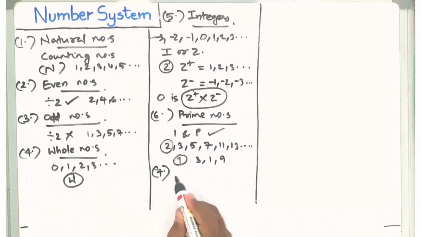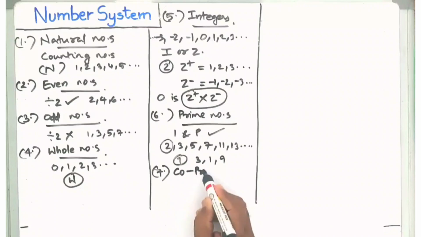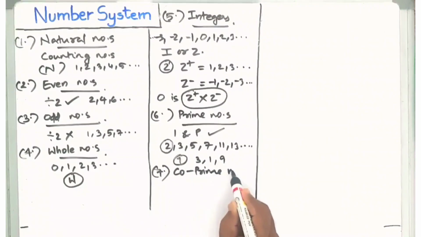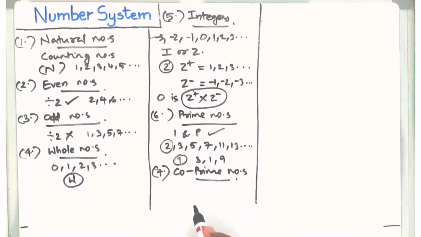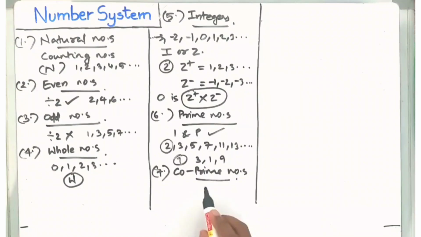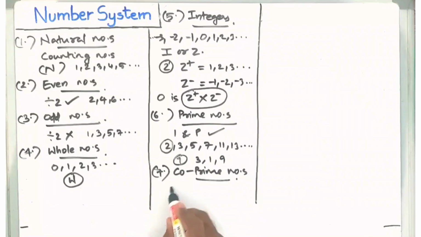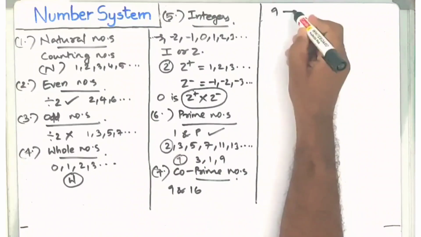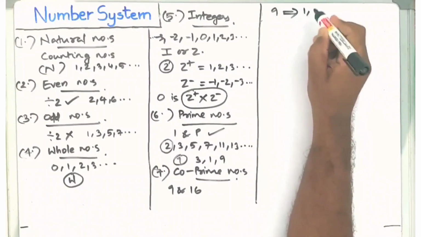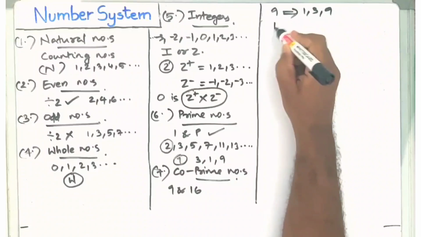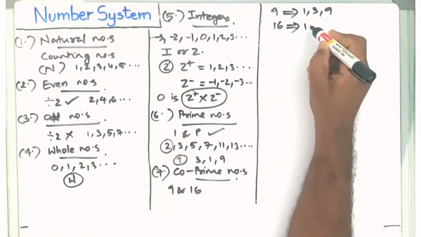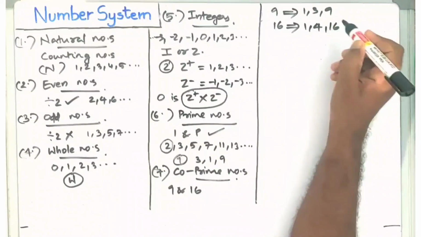This kind of numbers are co-prime numbers. What are co-prime numbers? Two numbers which have no common factor except 1 are called co-prime numbers. For example, in the case of 9 and 16, the factors of 9 are 1, 3, 9, and in the case of 16, 1, 4, 16.